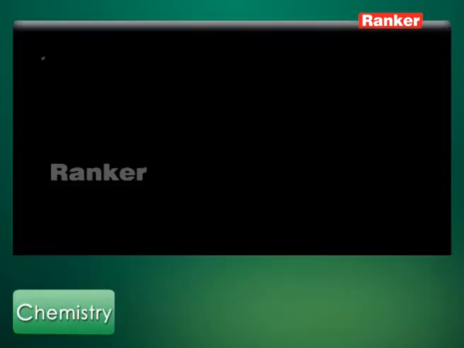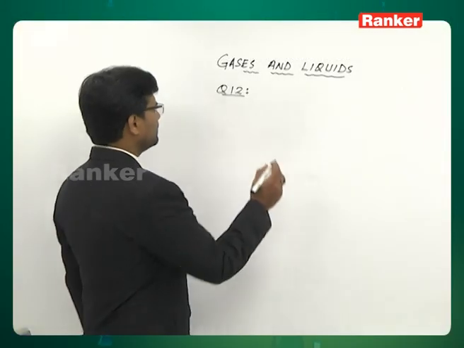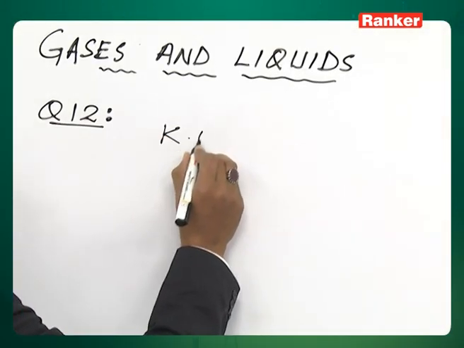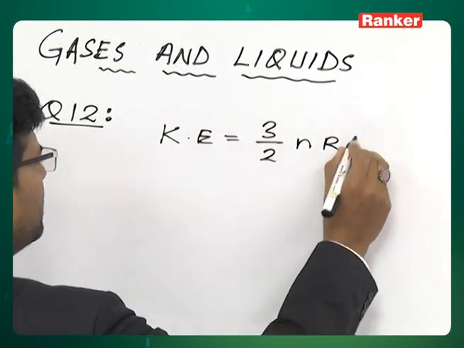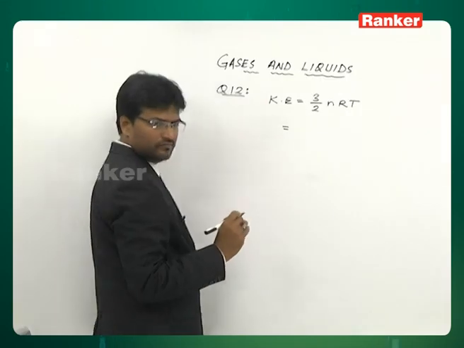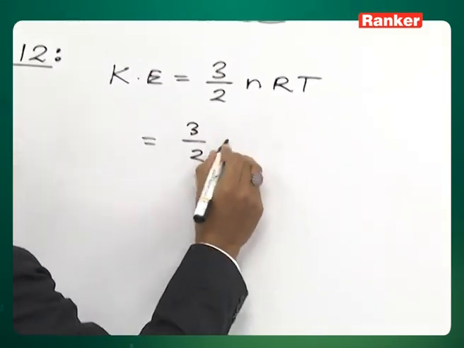Question number 12. Find the kinetic energy in kilojoules of 2 moles of an ideal gas at 2000 Kelvin. R value is given as 8.314 joules per Kelvin per mole. Let's find out. K is given as K equals 3 by 2 nRT. What is the data given? Moles is 2, so 3 by 2 into 2.